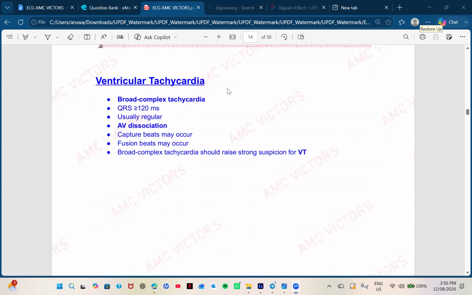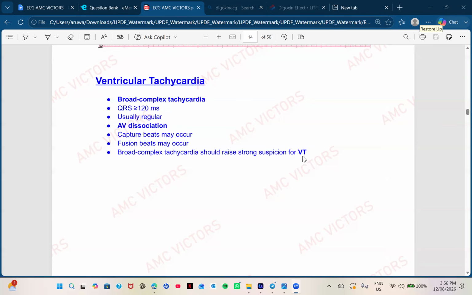Other than that, according to the morphology we have different types of VT. How do we categorize VT types by morphology? Tell me, doctors. We have monomorphic VT and polymorphic VT. Monomorphic means all QRS complexes have the same shape and same axis.